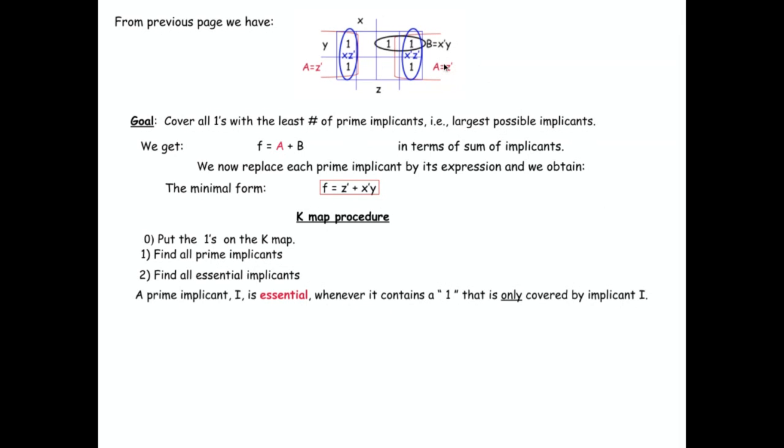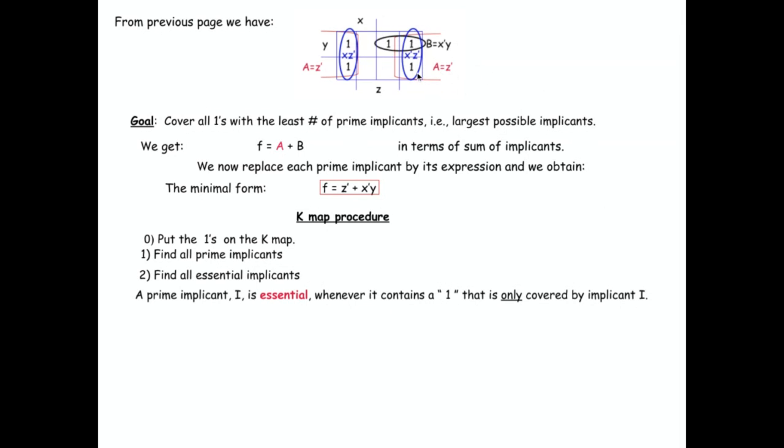You can have a very large implicant, but it may not be essential. But what makes both A and B, being quite small, actually essential? There's no other implicant that could cover all the ones.